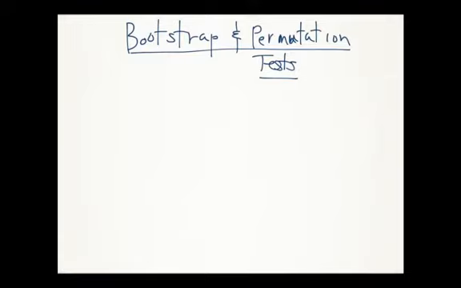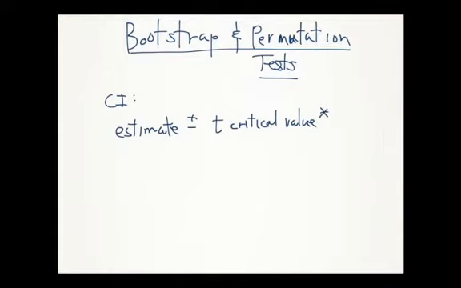Remember, we had this general setup for confidence intervals: our estimate plus or minus a t-critical value times some estimate of the standard error. So that was our general format for confidence intervals.